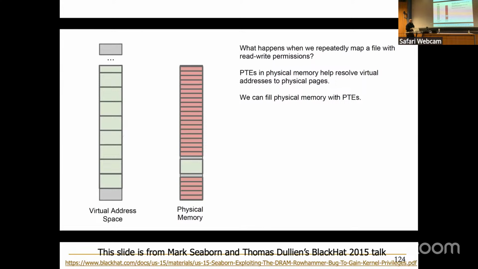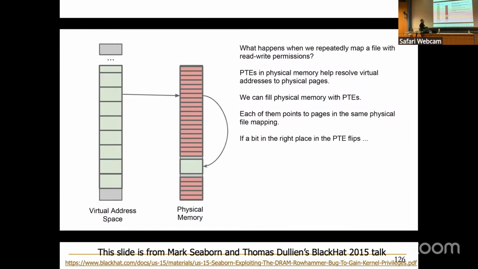What happens if I can fill all memory with page table entries? Basically, what's the problem here? I filled up the whole memory with page table entries, and each of them points to a page in the same physical mapping. All of them point to the same physical page.